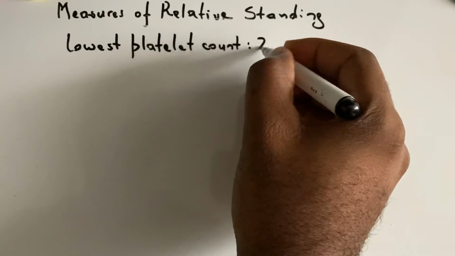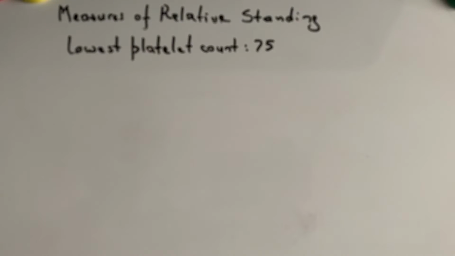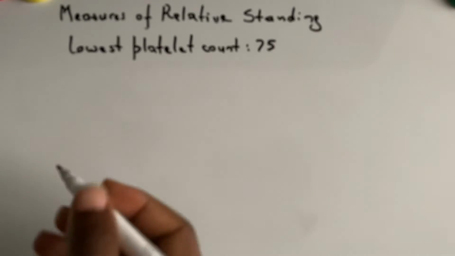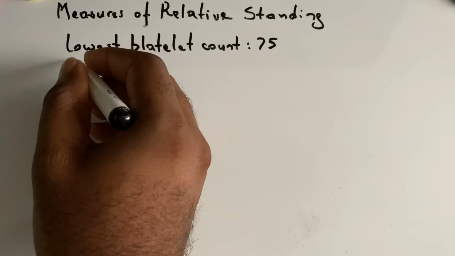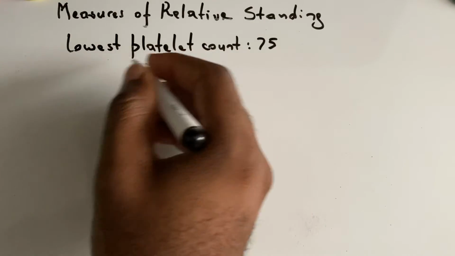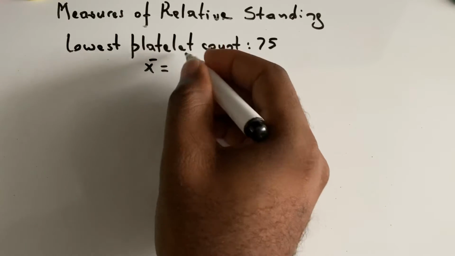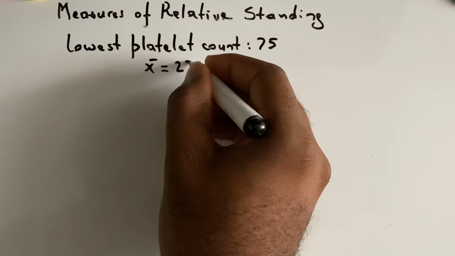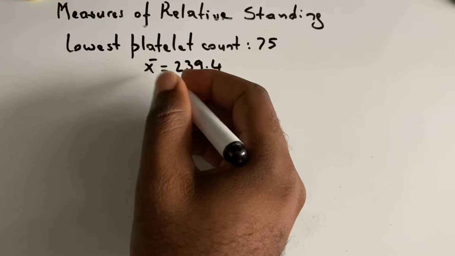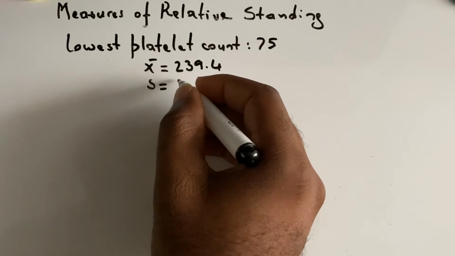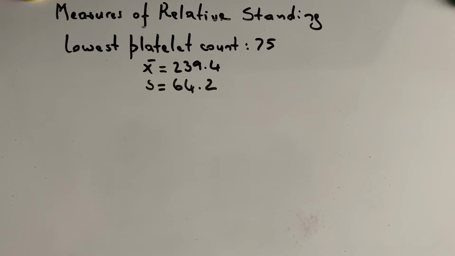The lowest one is 75, for example, and you want to see whether it's significantly high or, in this case, significantly low. From that data you calculated the mean, which you know how to calculate, by the way, I showed you in another video of mine. Let's say it was 239.4, with a standard deviation of 64.2.